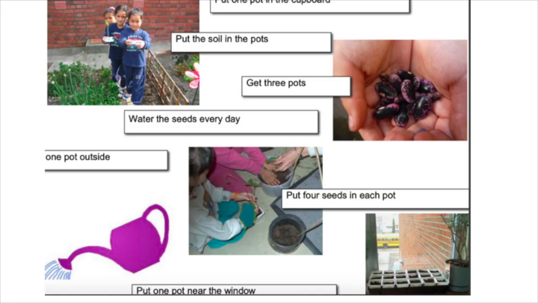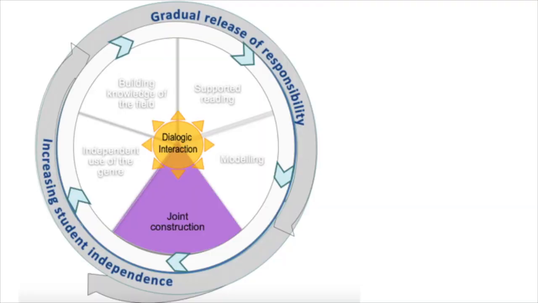There's commands, there's action processes or verbs, get the 3 pots, put the soil in the pots, and obviously the circumstances. Okay, so I'll just let you have a closer look at that. Okay, and then obviously you can match the visuals with it. So put pot in the cupboard, put the soil in the pots, get the 3 pots. So all the different things that you need to do in order to grow the green bean seeds is there.